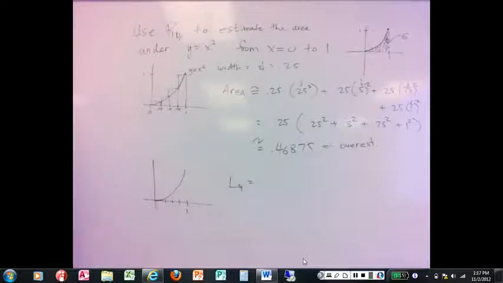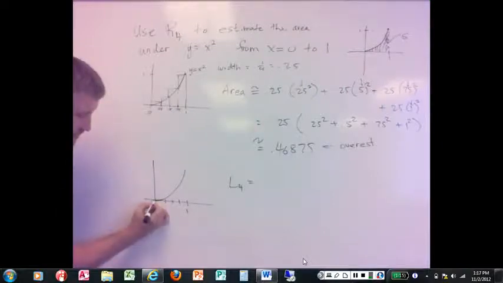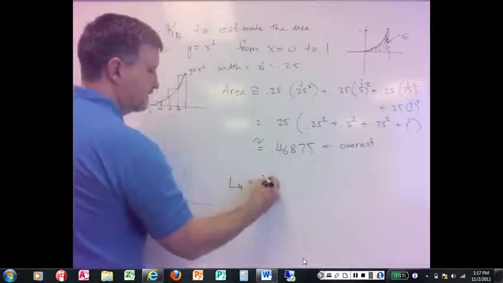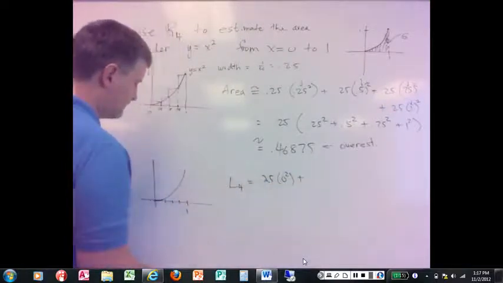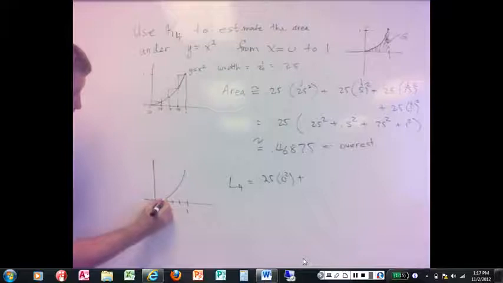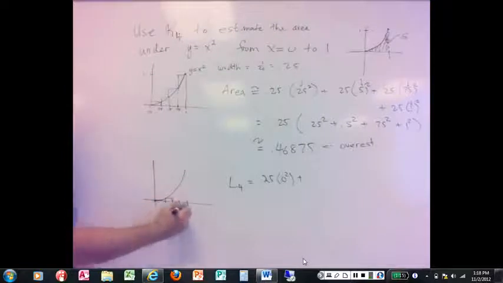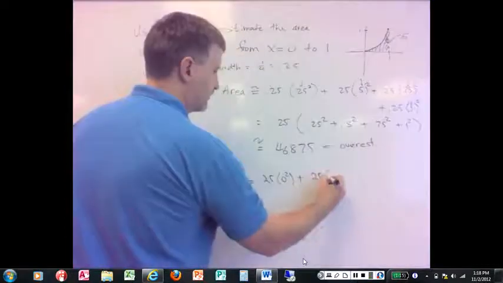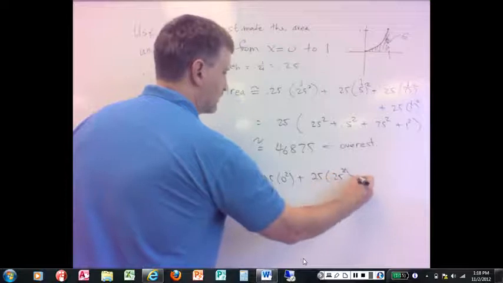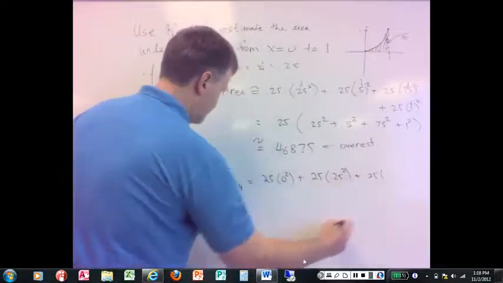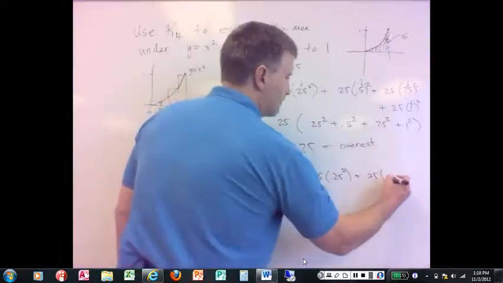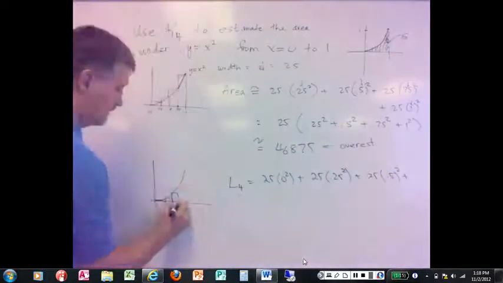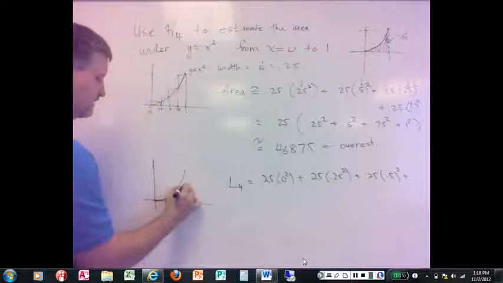Because the left-hand endpoint of the first interval is 0, and 0 squared is 0. Okay. And then the second one, that's where we'd get 0.25 squared. Then the third one would be 0.25 times the 0.5, so it'd be 0.5 squared. And then the last one is 0.75 squared.